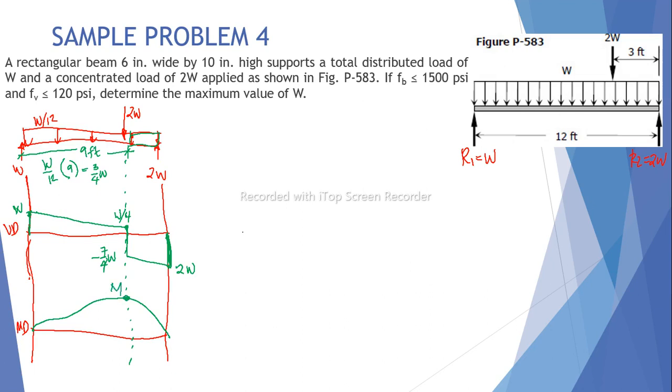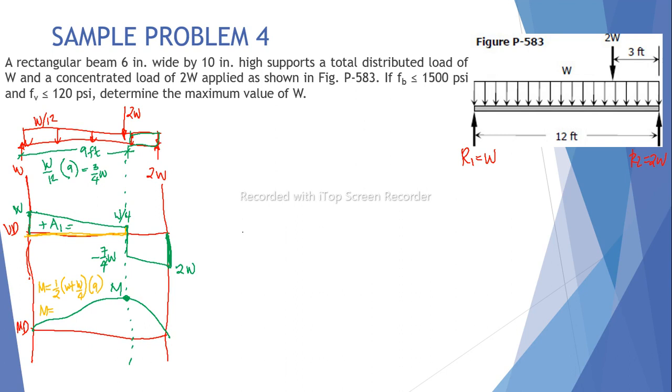To get the maximum moment, we can get just the positive area of the shear diagram. So the maximum moment M is equal to, this is a trapezoid, 1/2 times base 1 plus base 2 times 9 feet.